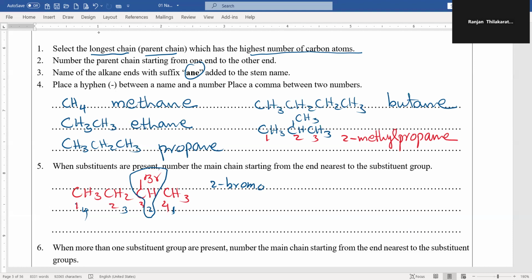Then it will be 2-bromo. Why? 1, 2, 3, 4, 2-bromo. Then you have 4 carbon and it is ane. So it is 2-bromobutane. The name is 2-bromobutane.